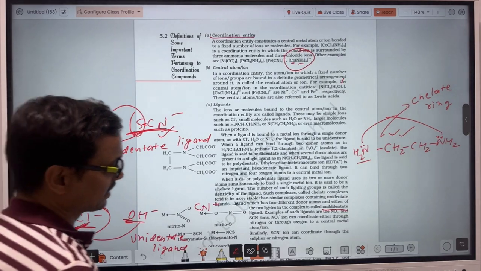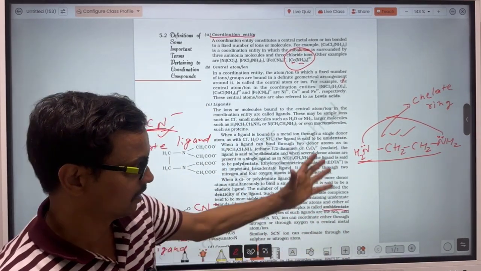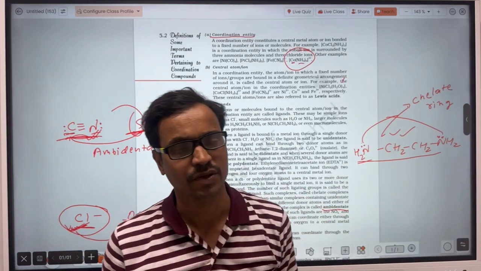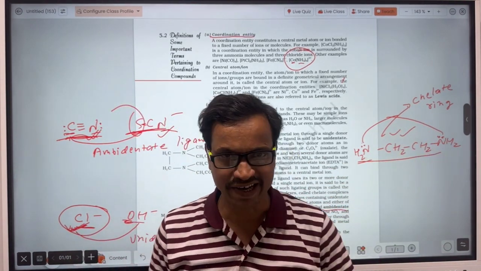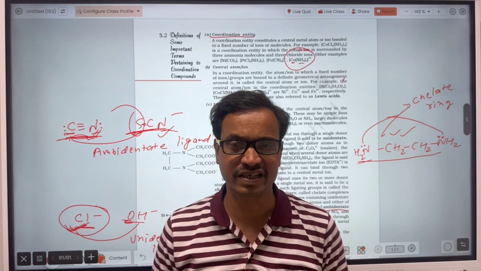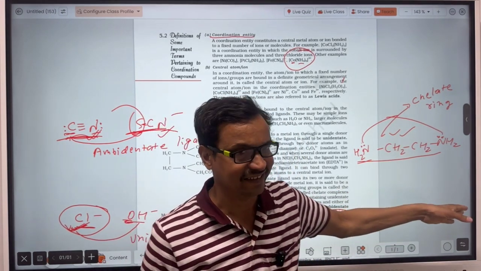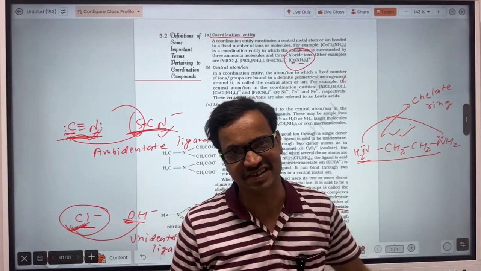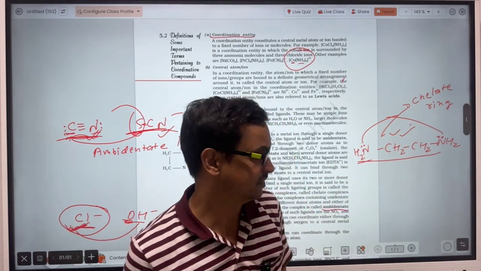So didentate ligand means the ligand of which the two atoms will donate the electron to the central atom simultaneously and hence form the chelate ring.